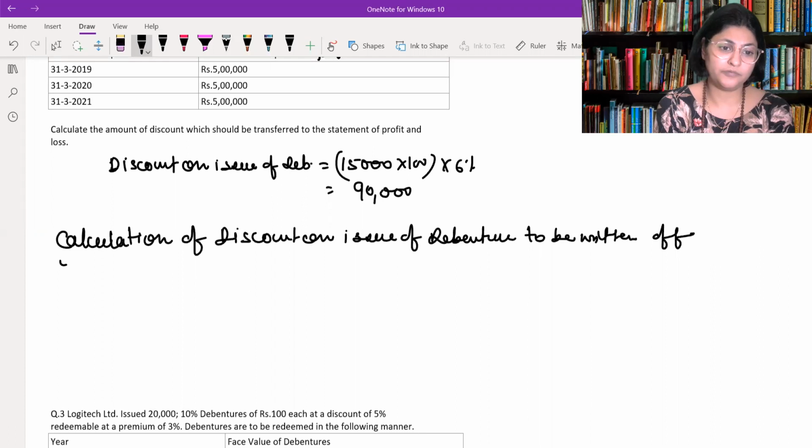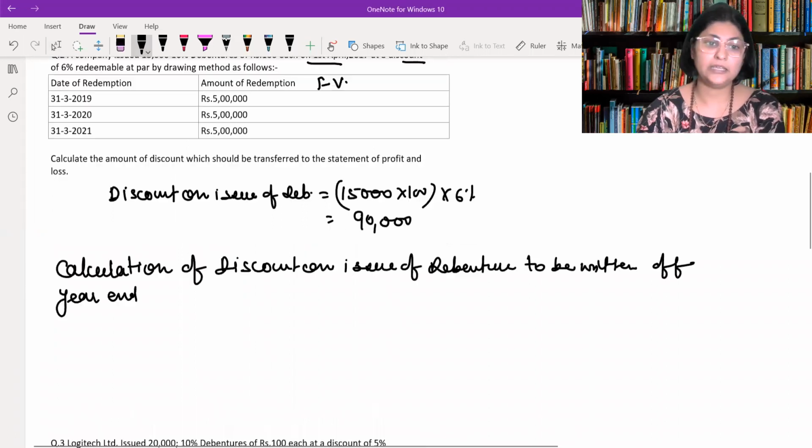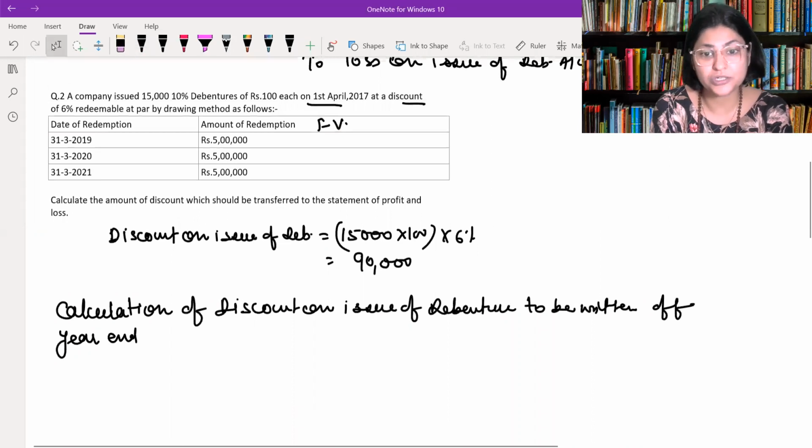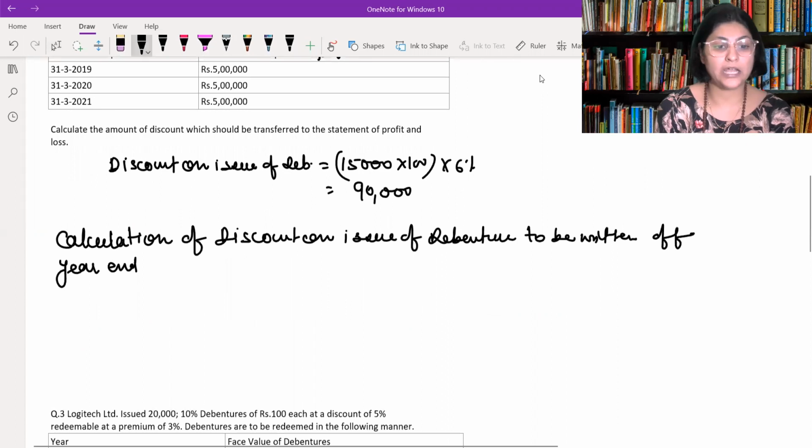And the first column will be year end. As you can see, the debentures are issued on 1st April 2017. So my year end will start from 31st of March 2018.